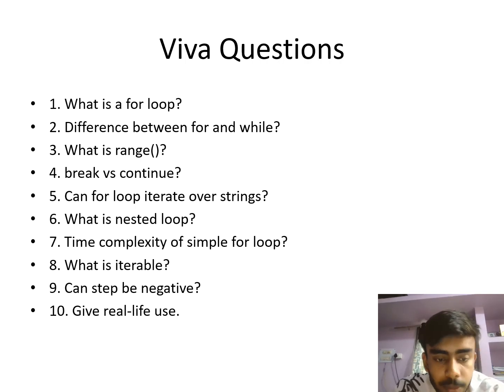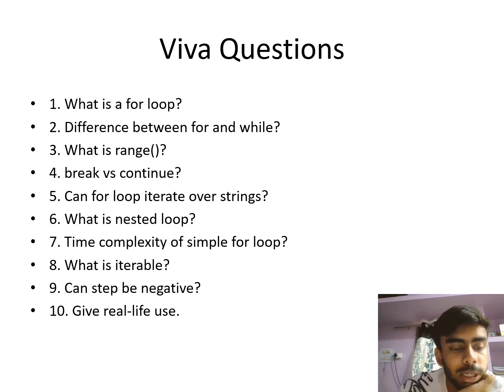What is an iterable? Can step be negative? Give real uses. These are all viva questions which your examiner may ask you when you go to your university. You have to just learn these, because in your interview also these questions are going to be asked.